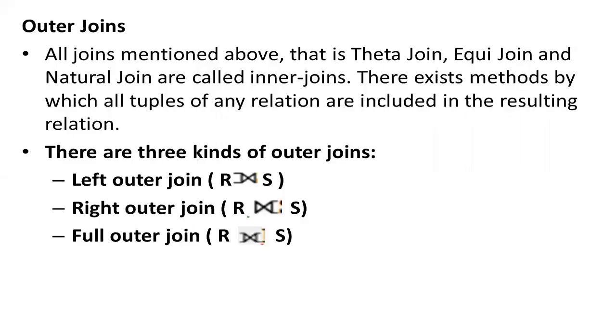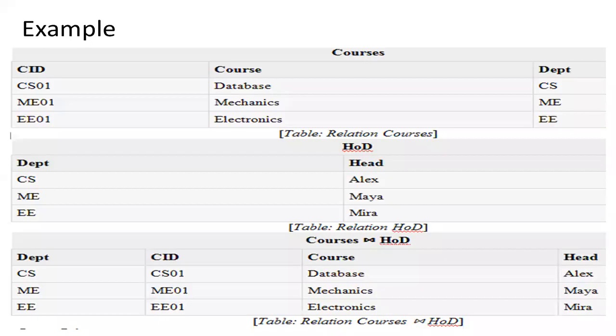Then coming to the second category, outer join. So far we have said the EQ join, theta join, and natural join. The only difference between EQ join and theta join is that if you use the equal symbol for comparison, that is called the EQ join. Otherwise, if you use any other comparison operator, then you call it a theta join.